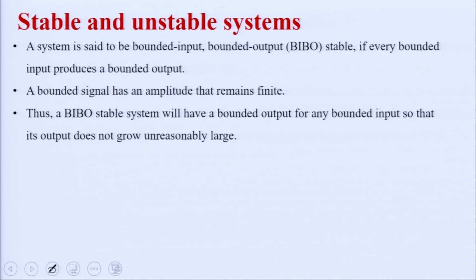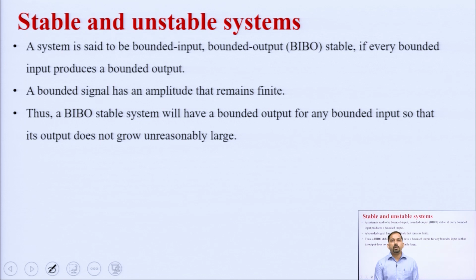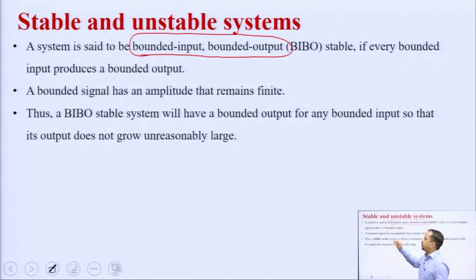Next is the stable and unstable. This is again quite important, because only if the system is stable are we going to realize those systems. If the system is unstable, that means we are unable to realize those systems. A system is said to be stable if a bounded input corresponds to a bounded output, meaning if the input is bounded and corresponding to this bounded input, the output is also bounded, which is called BIBO. So, the system is said to be stable.